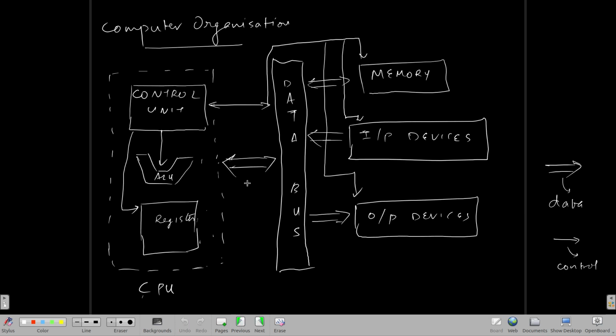See here, if there is some instruction in the memory, that instruction has to be transferred to some particular register, and then only can it be decoded by the control unit and executed, right? So that transfer of instruction, and any data, takes place through the data bus. That is the purpose of the bus.